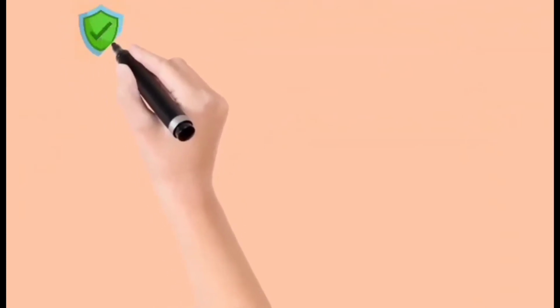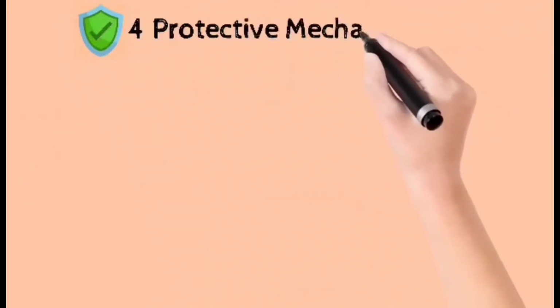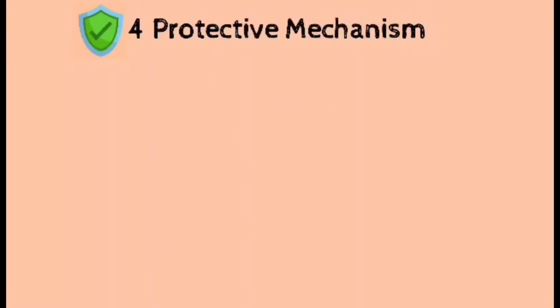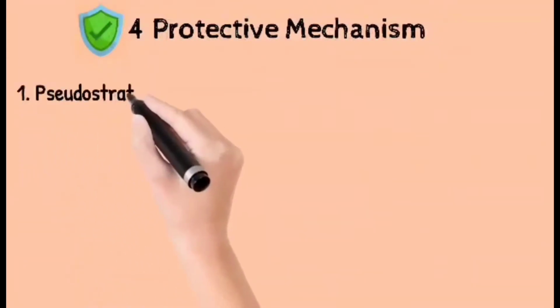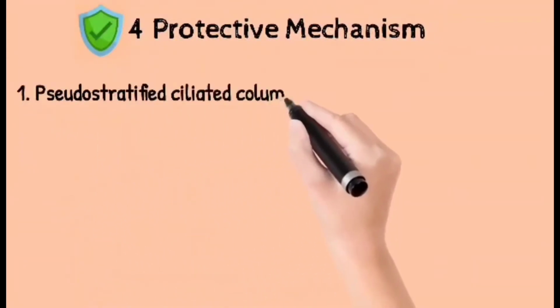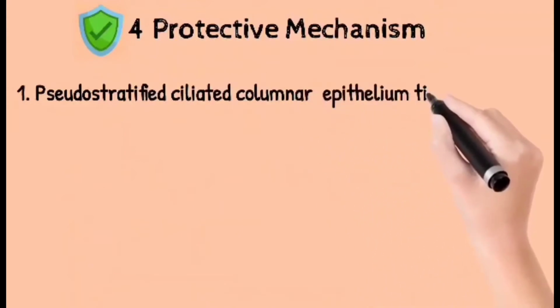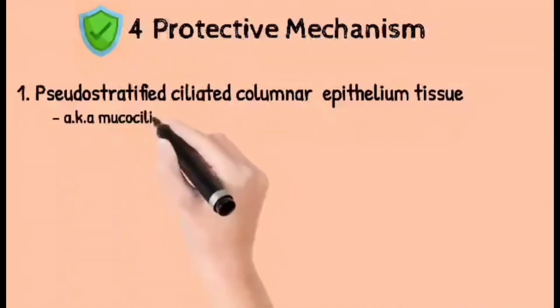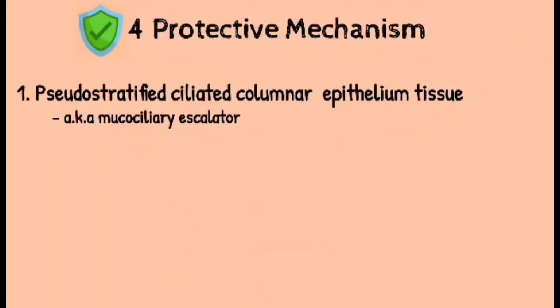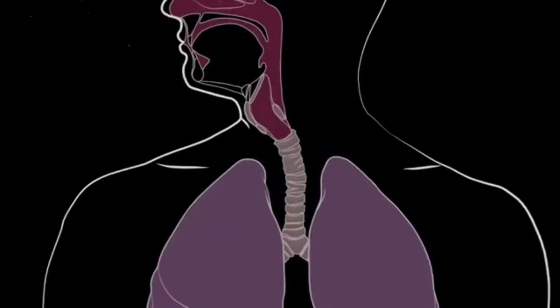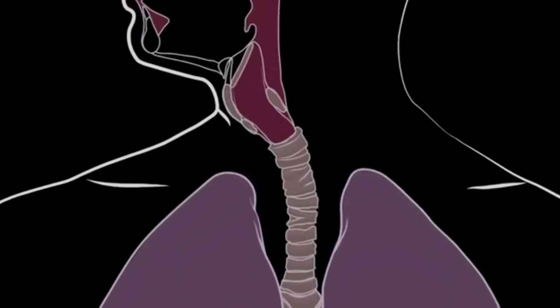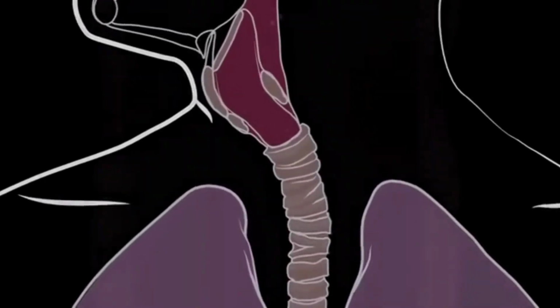The respiratory system also has four protective mechanisms. What are those? So first, we have the pseudostratified ciliated columnar epithelium tissue, also known as the mucociliary escalator. Normally, we often inhale dust, bacteria, and other foreign objects.